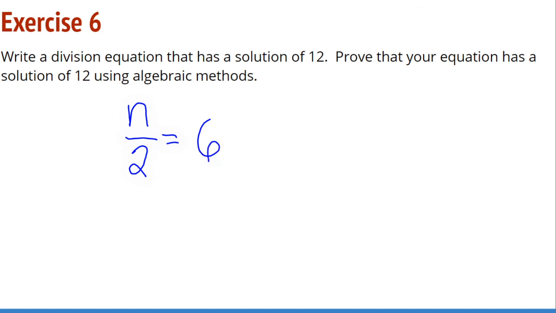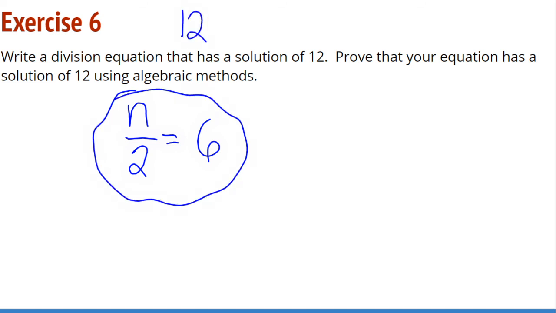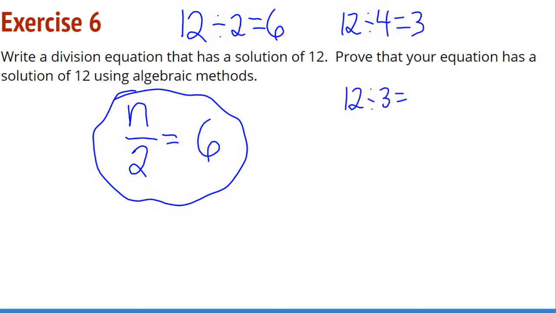Now if you're struggling coming up with, well, what could I write? Just write a fact family that has a 12 in it. It's a division problem. 12 divided by 2 equals 6. 12 divided by 4 equals 3. 12 divided by 3 equals 4. And we're just going to replace this 12 with a variable. No big deal.